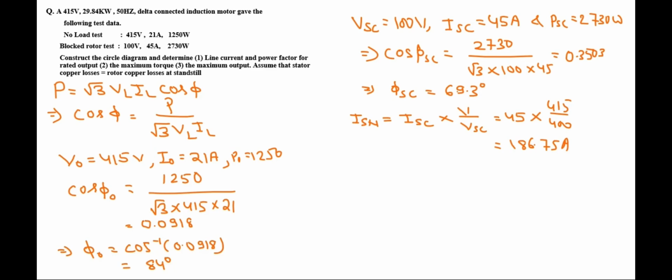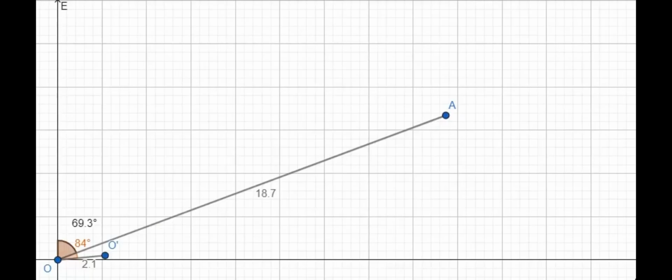So first, in constructing the circle diagram, we are getting I naught equal to 21 ampere. After calculations we get the power factor on no load equal to 0.0918.